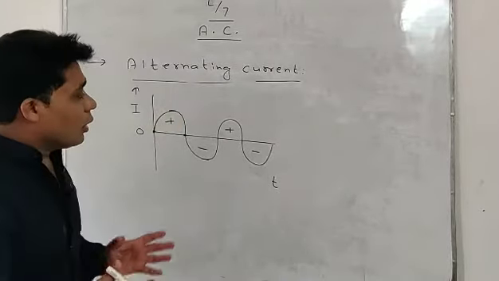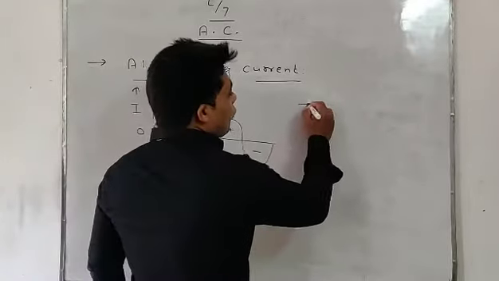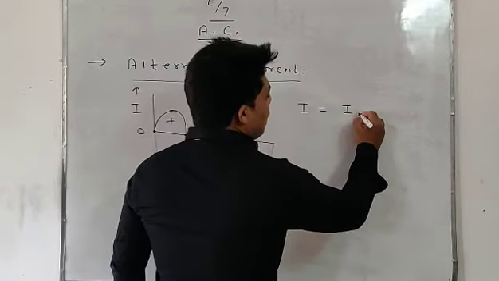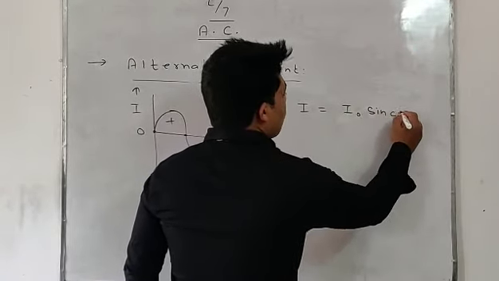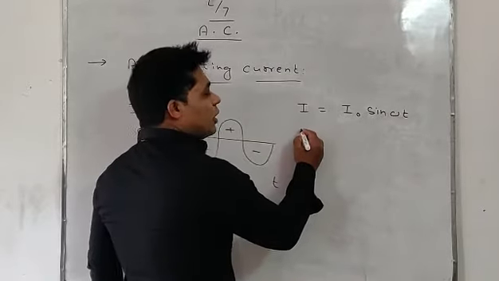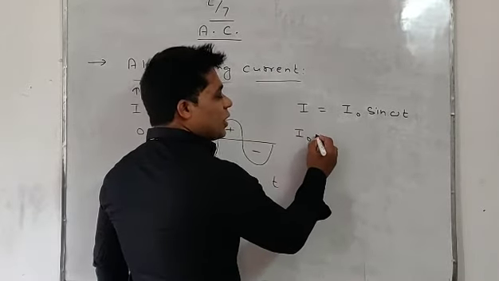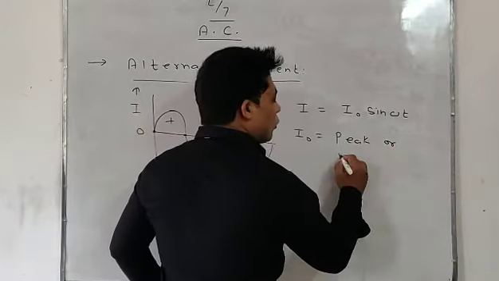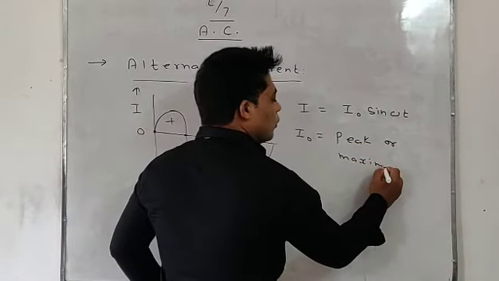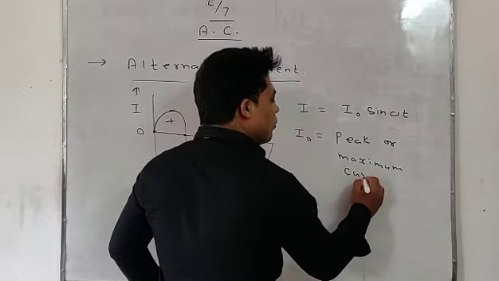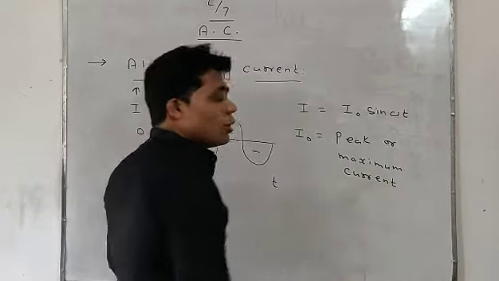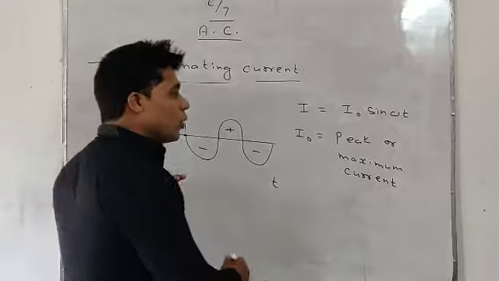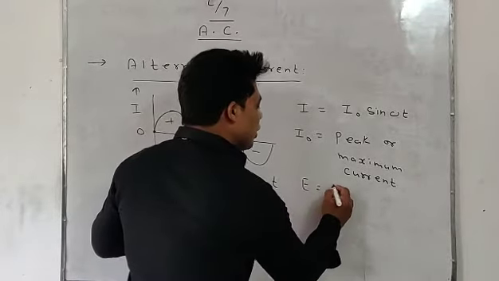Now students, the value of alternating current is given by I equals I naught sine omega t, where I is the alternating current and I naught is called the peak or maximum current. Similarly, what is the alternating EMF?